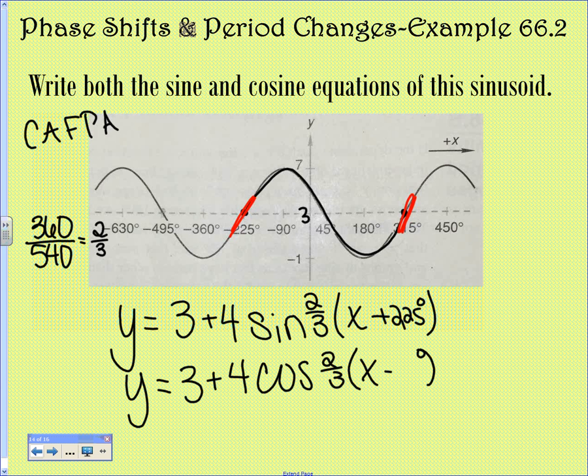Where are our maximums? -630, -90, and 450. Which of those are we going to use? -90. So it's going to become plus 90. And those are your two equations. So the only thing that's different are these two numbers right here. Everything else stays the same. Well, except for sine and cosine.